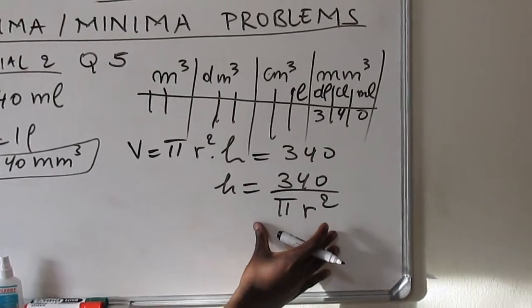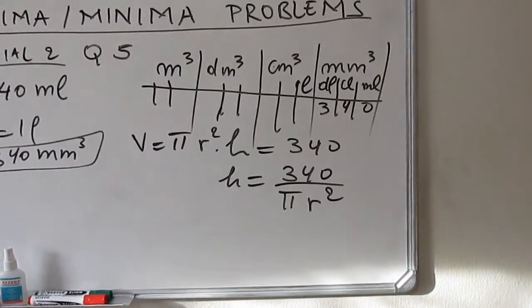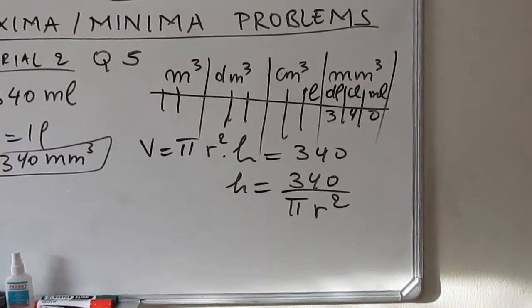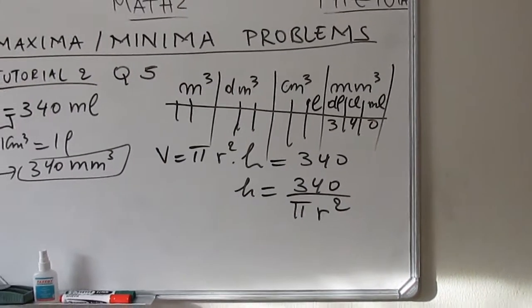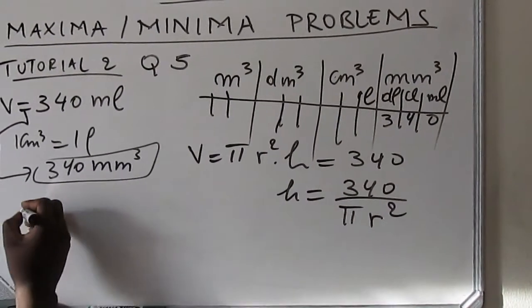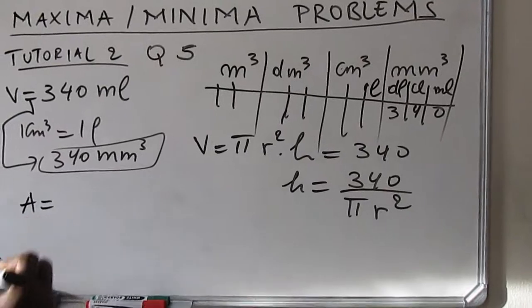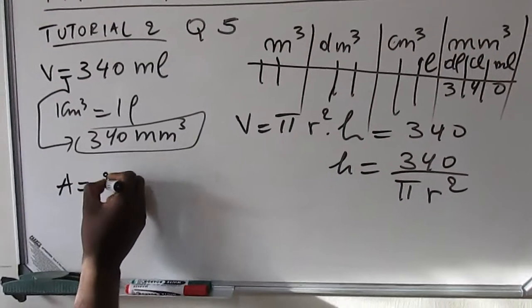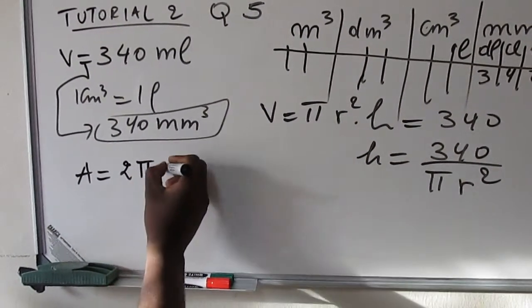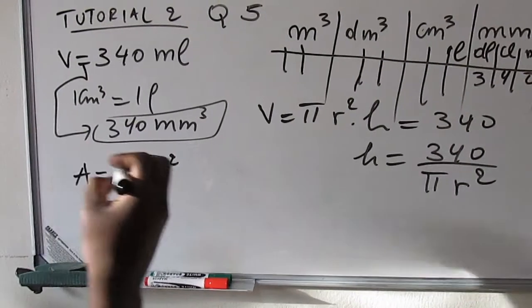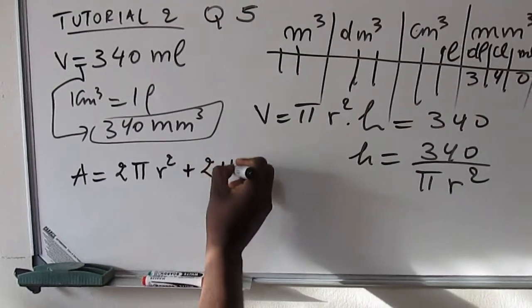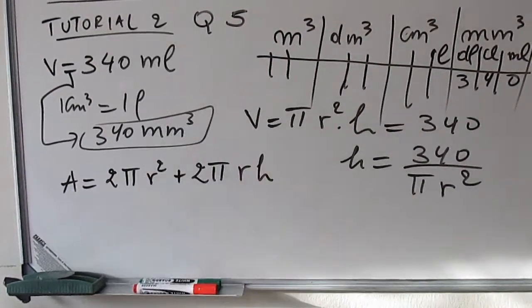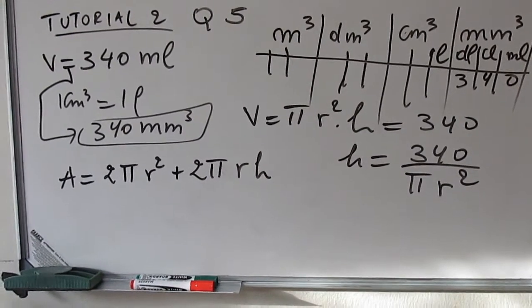We found the height. But you also need to find the area of a cylinder. Okay. What is the area of the cylinder? The area of a cylinder is going to be equal to 2 pi r squared plus 2 pi r times the height. Okay.